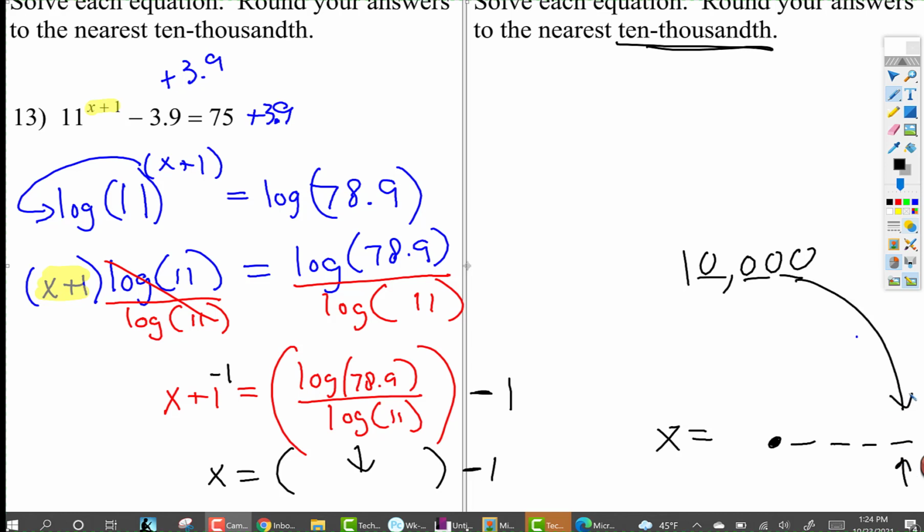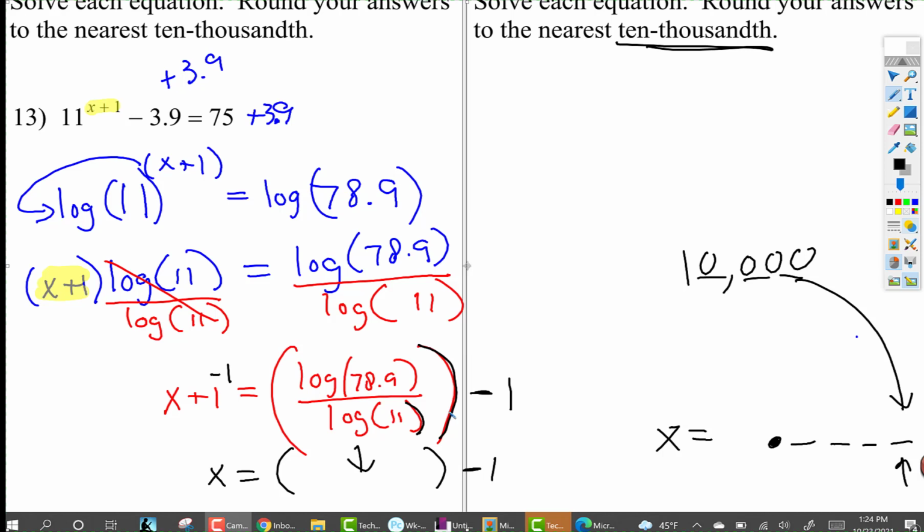So what we type in our calculator is outside parentheses and then log 78.9 close, just one close parentheses, divide log 11 close parentheses. Whoops, make sure you hit 11. Close this parentheses now. So we just closed this parentheses. We now have to close that parentheses. So at the end, there should be a double set of right parentheses, and then go ahead and subtract 1.